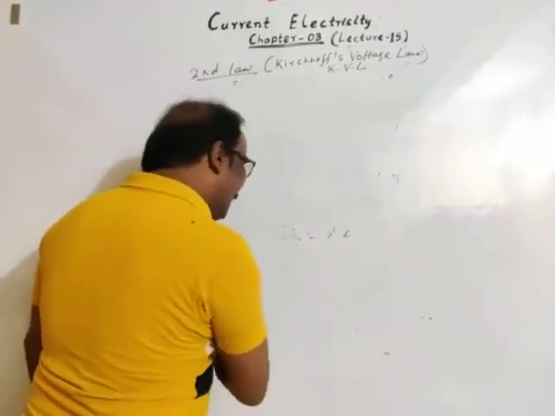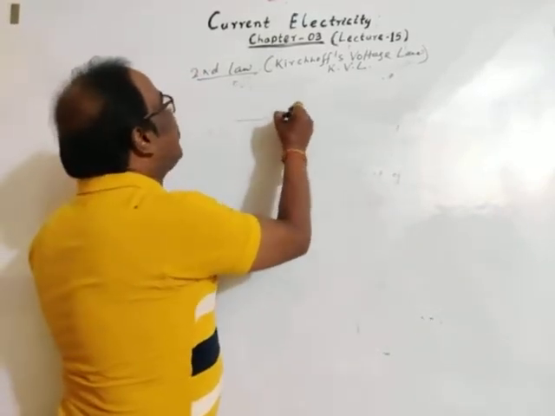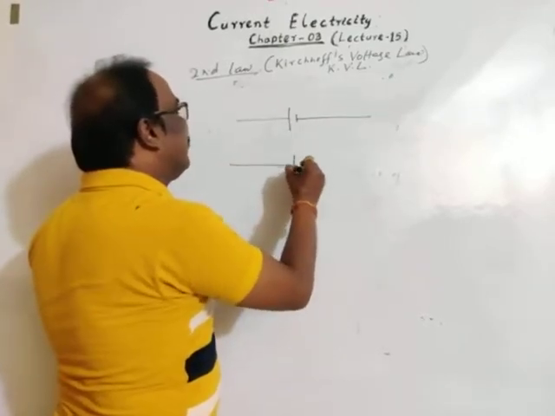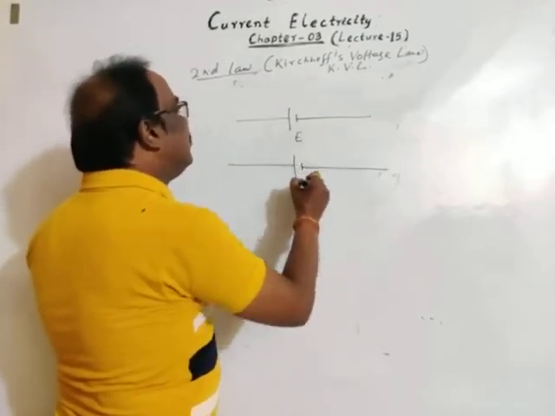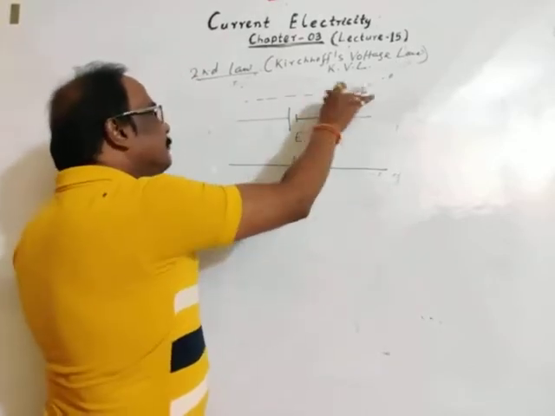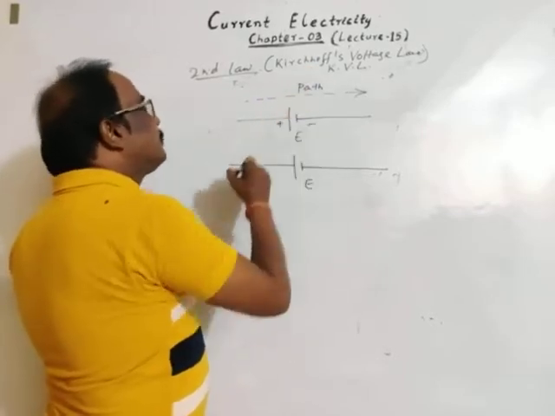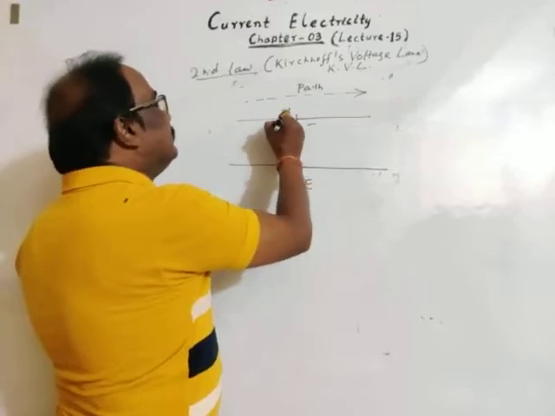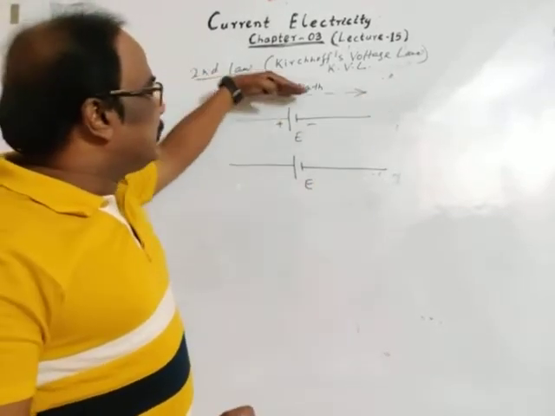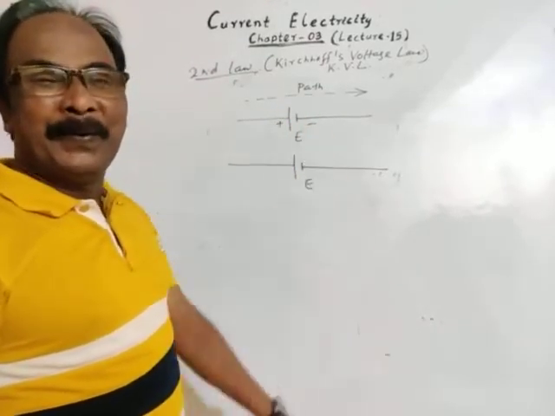How can we take the sign convention? See, I am taking the first example of a cell, with EMF E. We are taking the path along this direction. This is positive, this is negative. Here we are moving from positive to negative, from high potential to low potential.